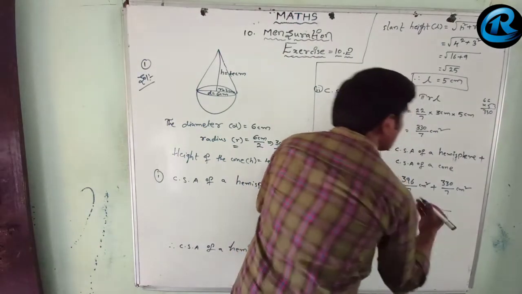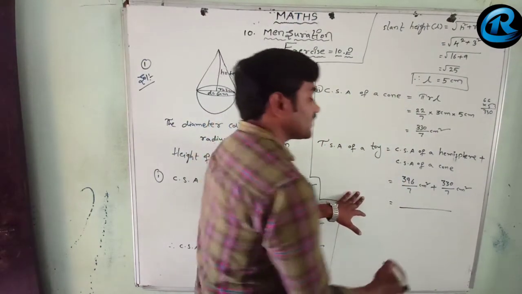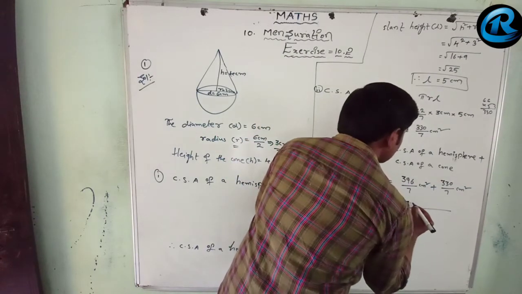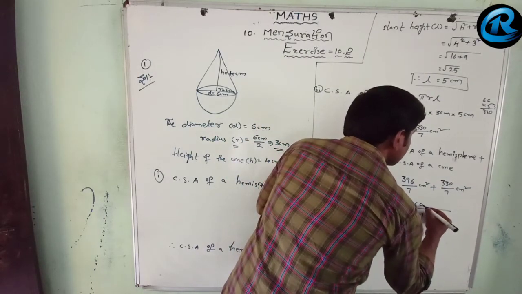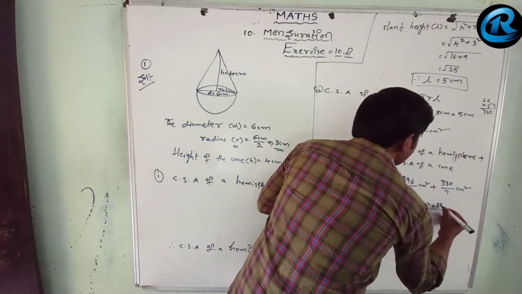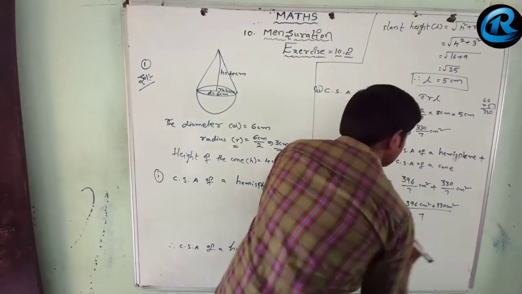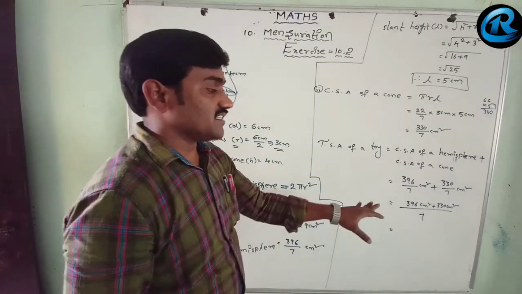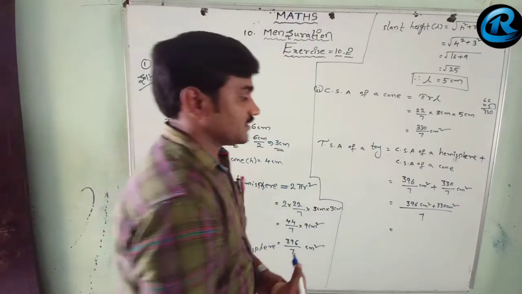As we can see, these two are like fractions now. Let us write the same denominator and add the numerators: 396 plus 330.